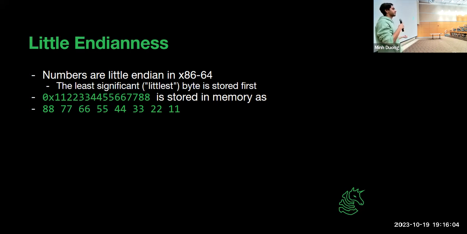So if you were to express the number as a hexadecimal number, the last 2 digits of that number would be stored first, and then the next two, and it would go backwards like that. You can see the example of how it's stored like that. That's kind of confusing, but you'll see later that Pwn Tools has some pretty good utilities for not having to worry about that. It'll just pack it for you.